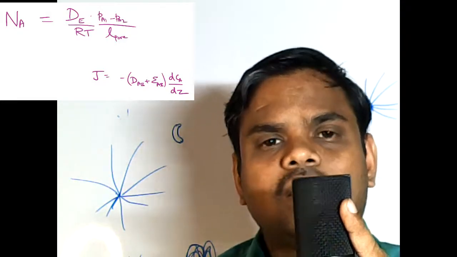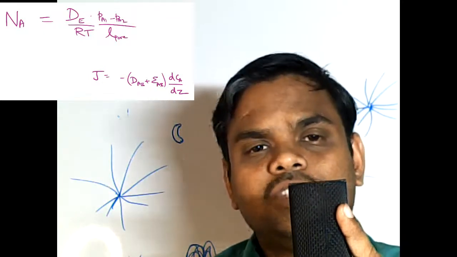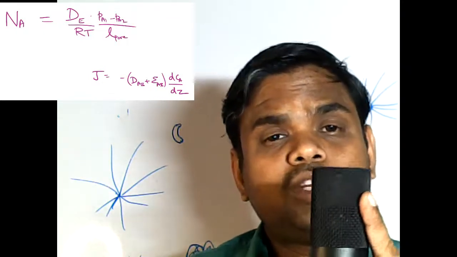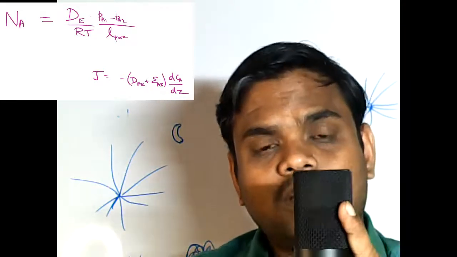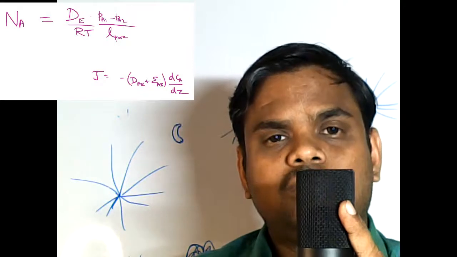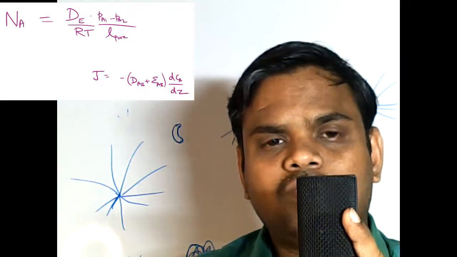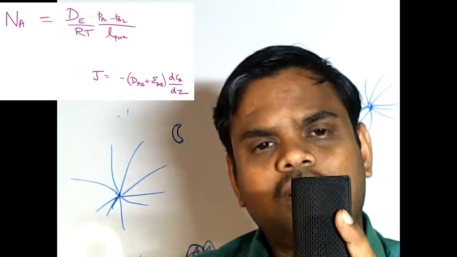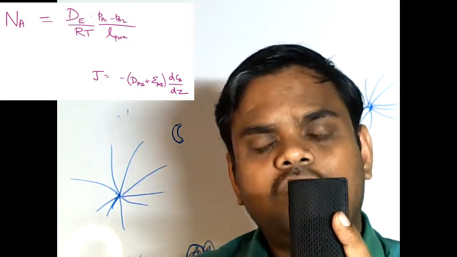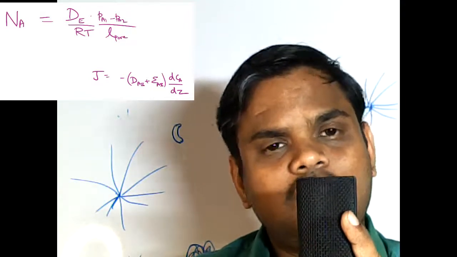If turbulence is there, eddies will always be there. So there will be a contribution to the flux based on the eddies formed. We can say that the contribution due to molecular diffusion is a function of dAb. Similarly, the contribution from eddies is present in turbulent conditions, and we can define epsilon d.